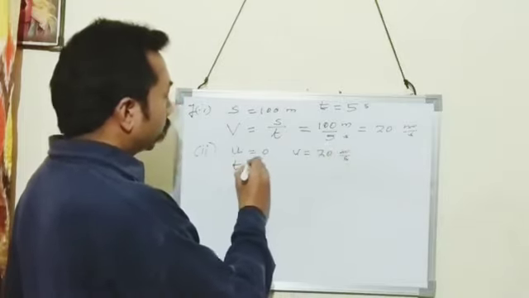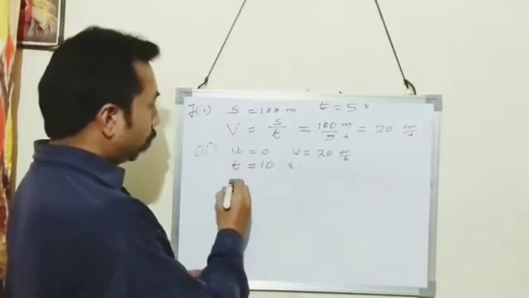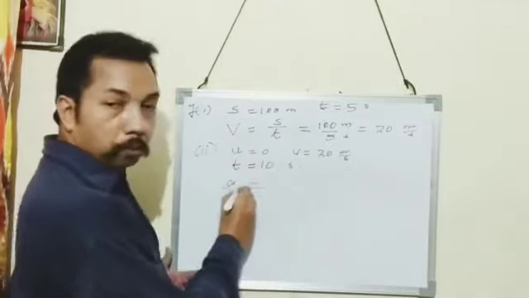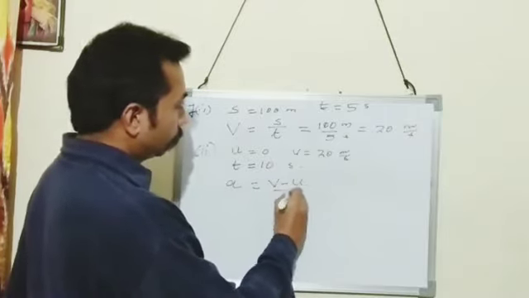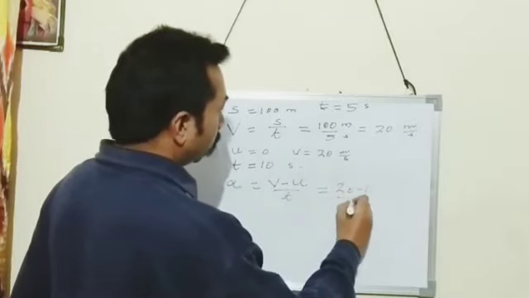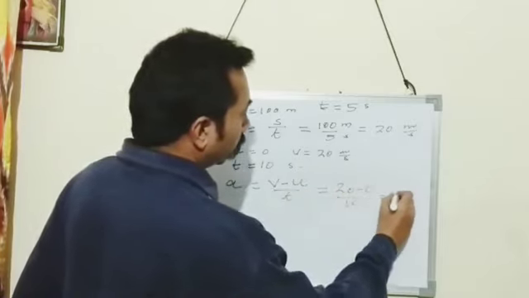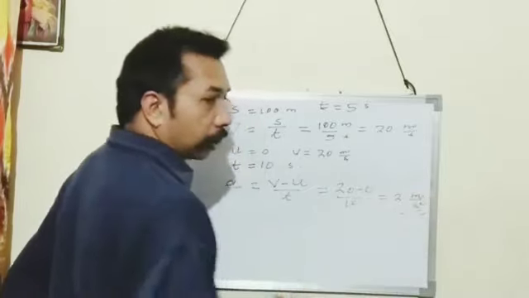Time taken is 10 seconds. So we have to find acceleration. Acceleration formula v minus u upon t. So 20 minus 0 upon 10. 20 upon 10 equal to 2 meters per second square. This is the answer of second part.